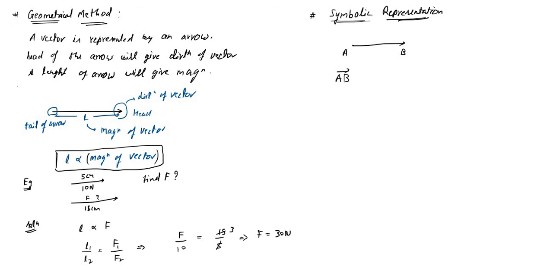Or if we represent this vector as vector A, we need to make a bar over A. So vector AB, or we can write it as vector A, or sometimes in books it is written like A where A is bold. So these are the three ways in which vectors are represented symbolically.